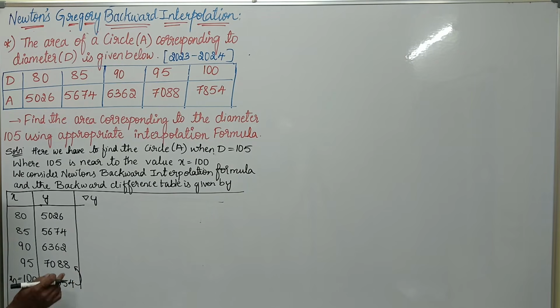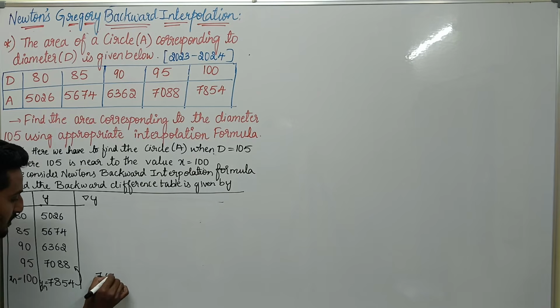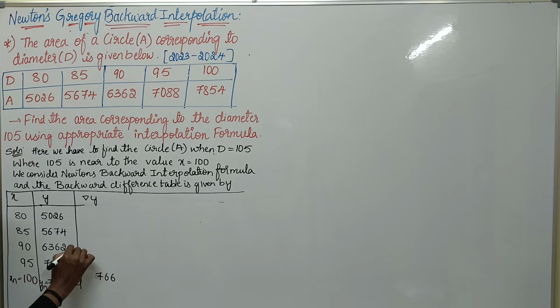Now let us find the backward differences, where backward y is yn minus yn minus 1. So I need to subtract 7854 minus 7088, you get 766. Next, 7088 minus 6362, you get 726.